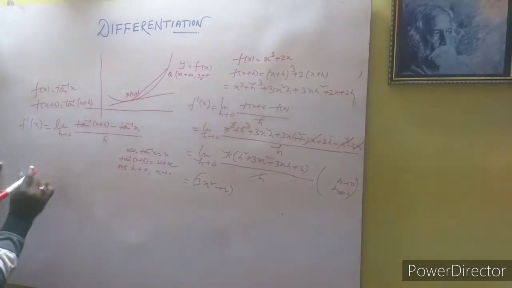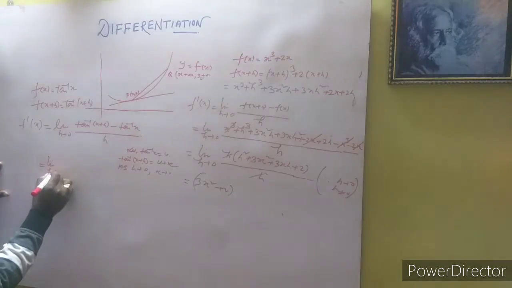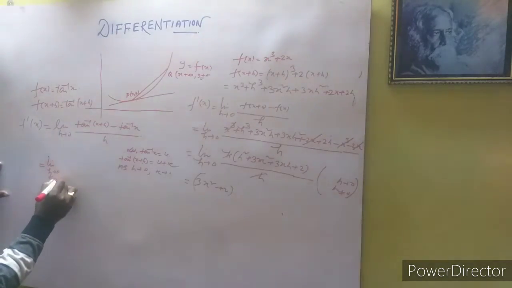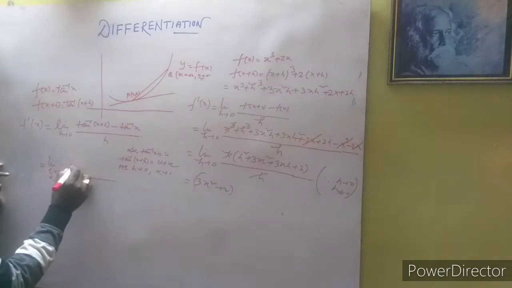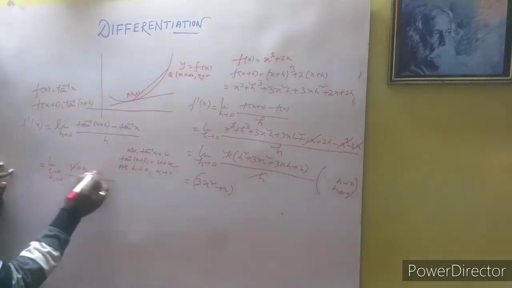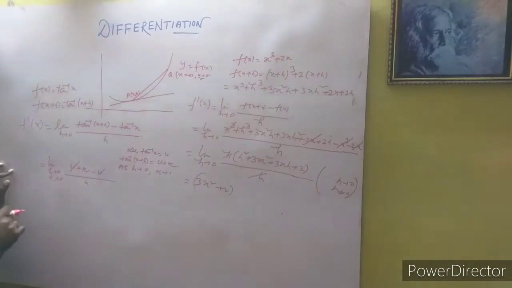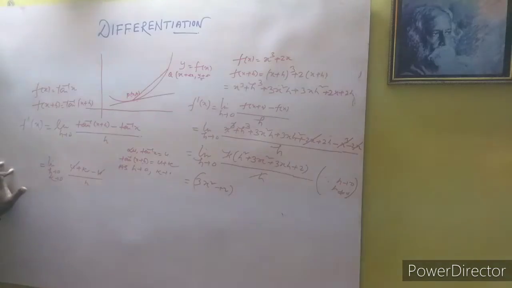Okay, and now here h tends to 0 and k tends to 0, both tend to 0. If this is u plus k and this is u, divided by h, so u are cancelled, so k and h both exist here, so that's why we can write h tends to 0 and k tends to 0 both.